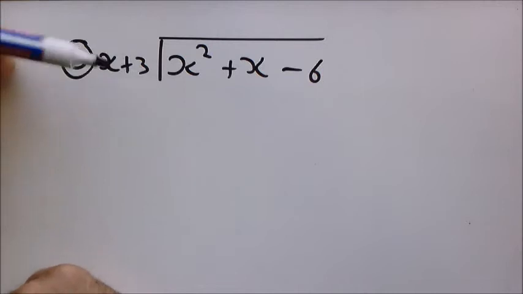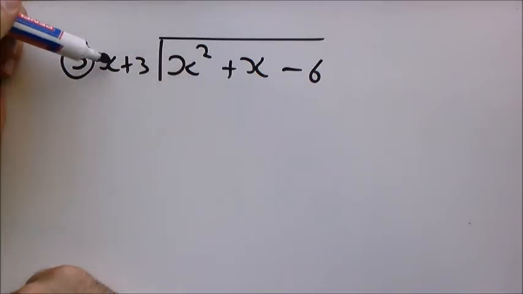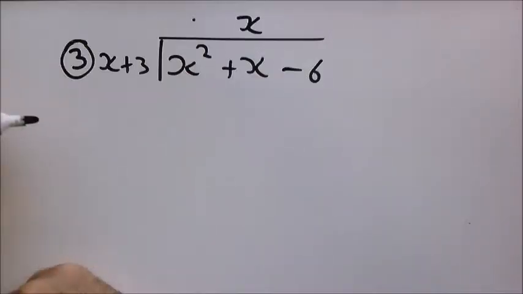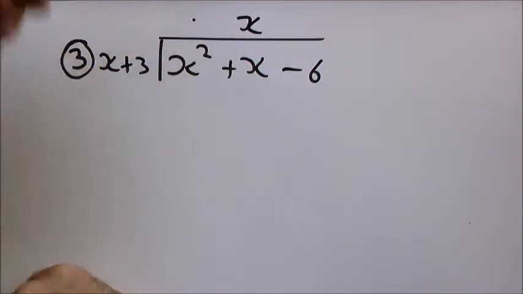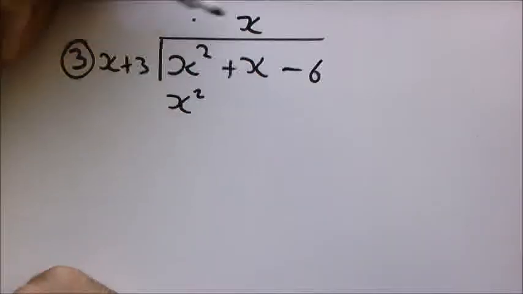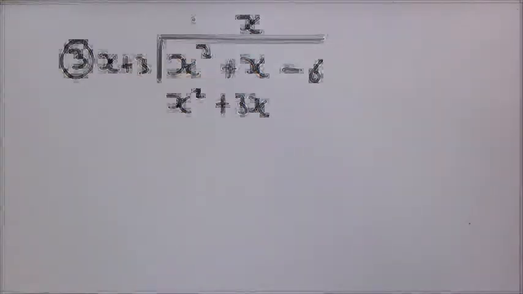So the steps work as follows. You say x squared divided by x, and the answer then is x. You write it at the top. Then x times x becomes x squared. x times plus 3 becomes plus 3x.